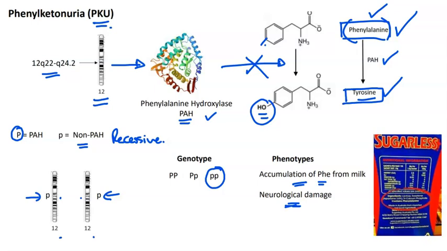The solution to such a condition, if we are aware that the child has this condition, is to provide them with milk, and then after that with food types which are phenylalanine free. And this is why manufacturers will often show on their food labels that the product contains phenylalanine, or indeed is free of phenylalanine.